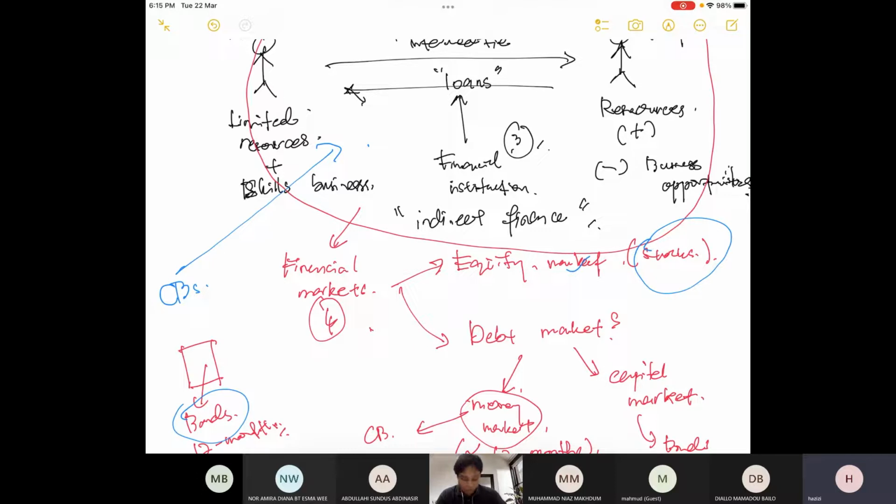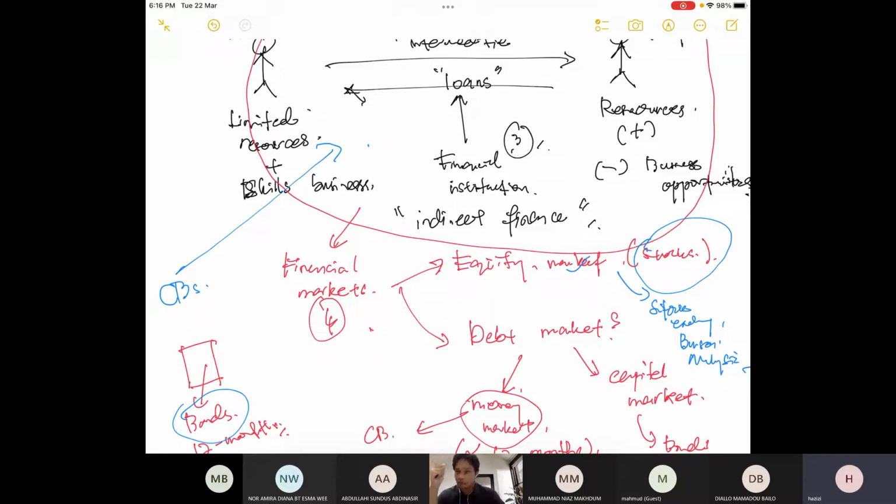So for the equity markets, you have the stock exchange, like in Malaysia, we have Bursa Malaysia. And you have a commodity exchange as well, where you can buy gold, silver, crude palm oil.